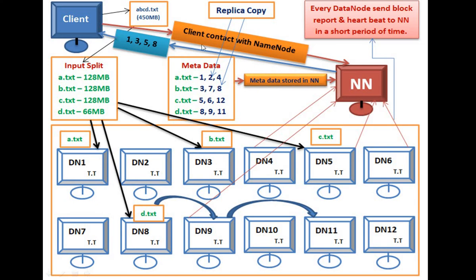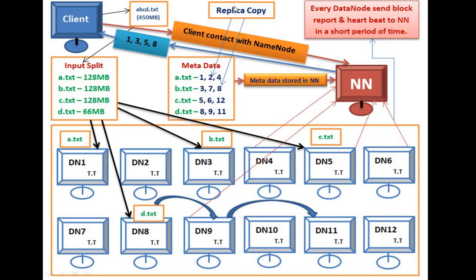So again he contacts the NameNode, and the NameNode has the information about where the abcd.txt file is stored and in which block.